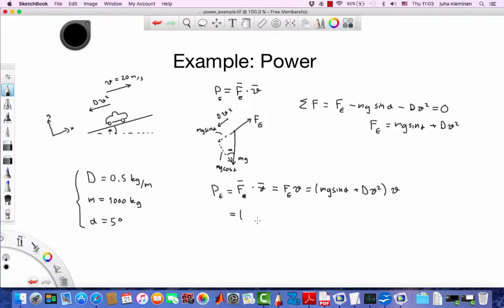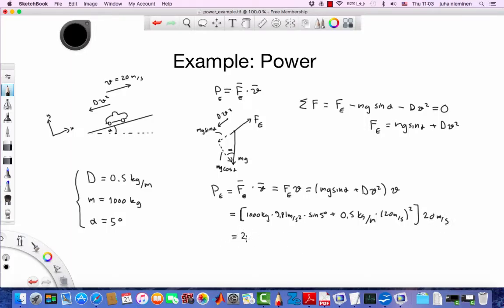Let's put in the numbers: 1000 kg, 9.81 meters per second squared, sine 5 degrees, plus the drag coefficient 0.5 kg per meter, typical for an automobile in production, and velocity 20 meters per second squared, and velocity once more.